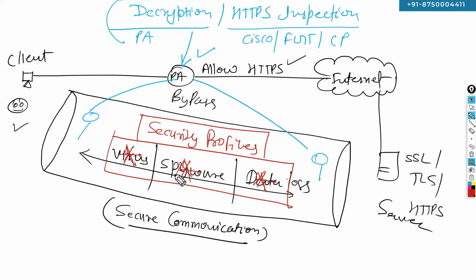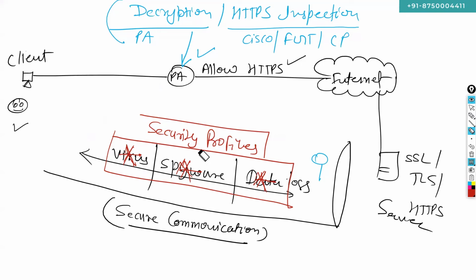Okay, so when we enable decryption, this thing should be clear. With the help of decryption, we can see the data going under the SSL tunnel, and if any malicious traffic is going under the SSL tunnel, then with the help of security profiles we can block that.